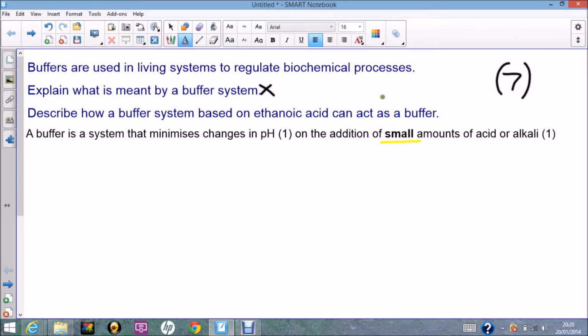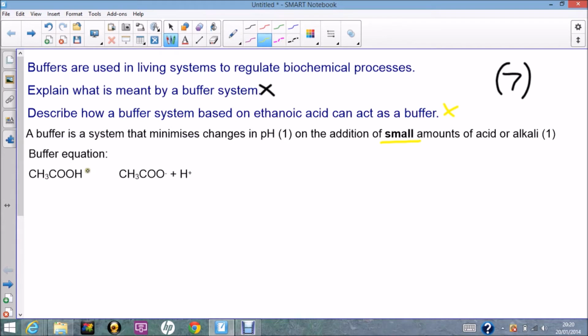Then we're going to look at the second part of the question that we need to deal with here, which says describe how a buffer system based on ethanoic acid can act as a buffer. So we've all looked at questions like this before. I'm going to start off with writing the buffer equation. So I've got ethanoic acid, just put those reversible arrows in there.